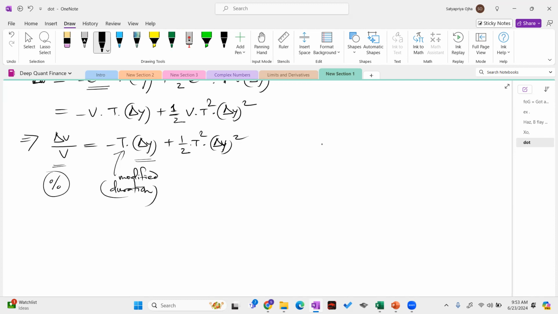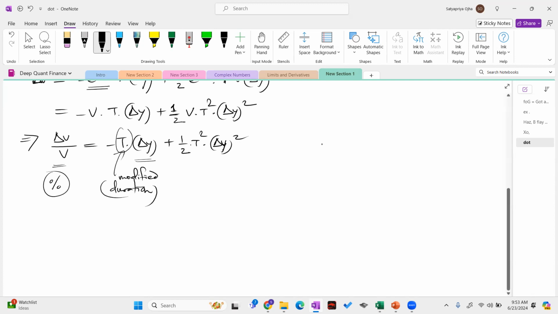So you weight the present value of the cash flows with the respective time of arrival, divided by the total value of the bond. That gives you a time figure, the weighted average time to receive all the cash flows. That is called duration. In case of a zero coupon bond, there is only one payment, and that is happening at maturity. So the plain duration of a zero coupon bond is T, time to maturity.